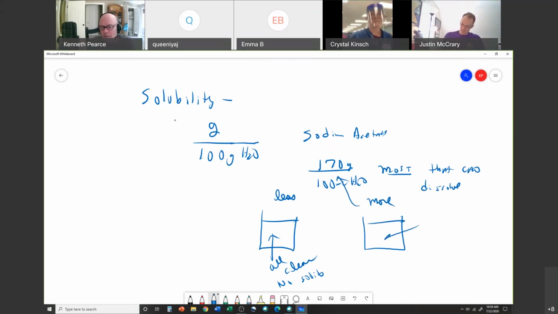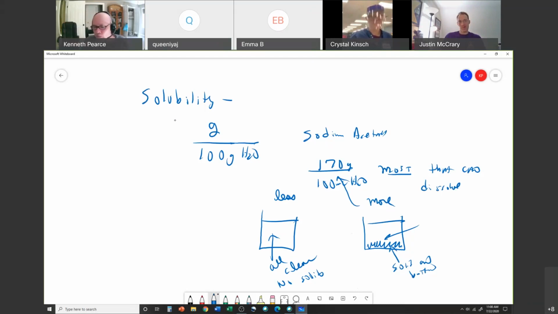And how can you tell? Solid on the bottom. If it's all clear, nothing's on the bottom, that means it's less than the solubility. If you have solids on the bottom, that means you have reached the solubility limit, which in this case is 170 grams per 100 milliliters, and any extra is going to go as a solid on the bottom.